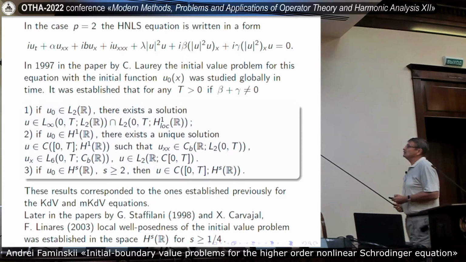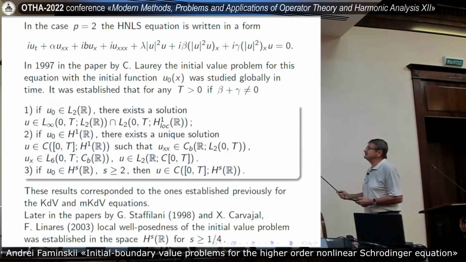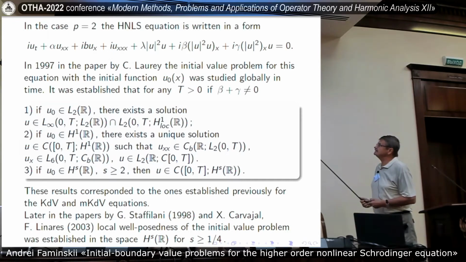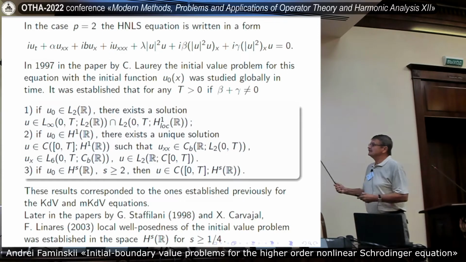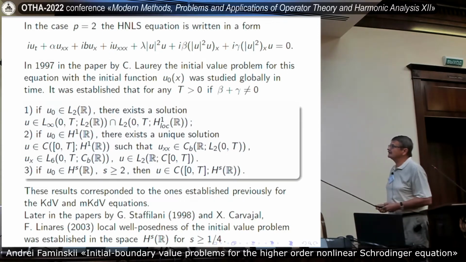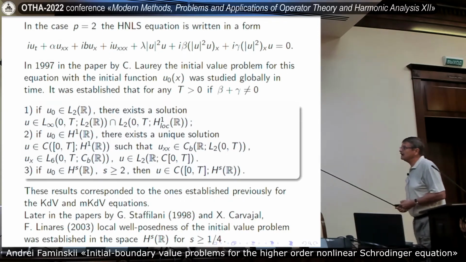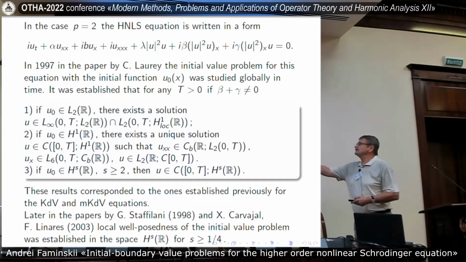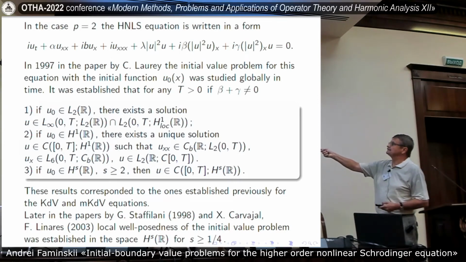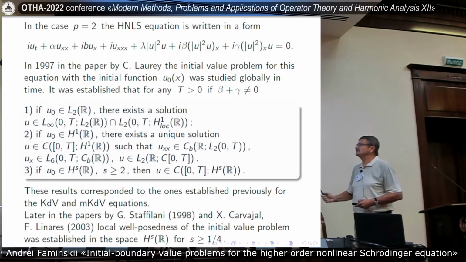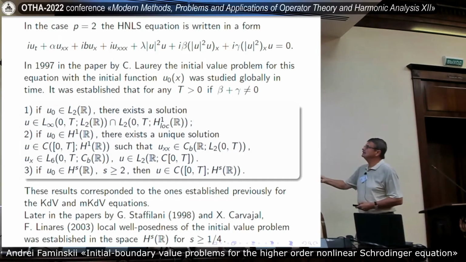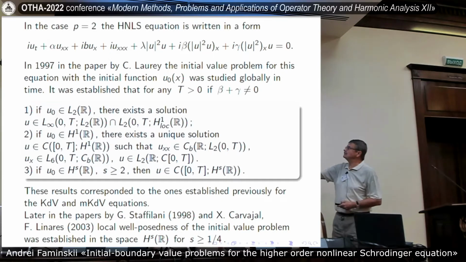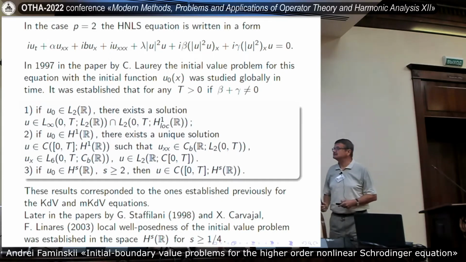And what are the previous results? In 1997, in the paper by the French mathematician Camille Leray, a theory of the initial value problem was constructed, and such results were established. For example, if U0 is from L2, there exists a solution which preserves this L2 norm and has some additional smoothness.